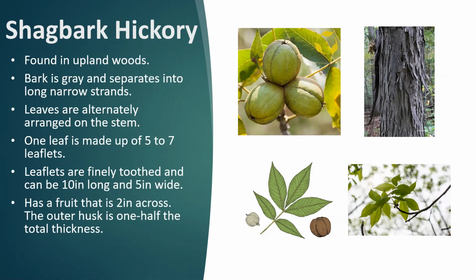So we'll start off with the shagbark hickory. They're typically going to be found in upland woods. They really do not tolerate water very well, so they really like those drier areas. The bark is gray, and this is where it gets its namesake: it separates into these long, narrow strands.